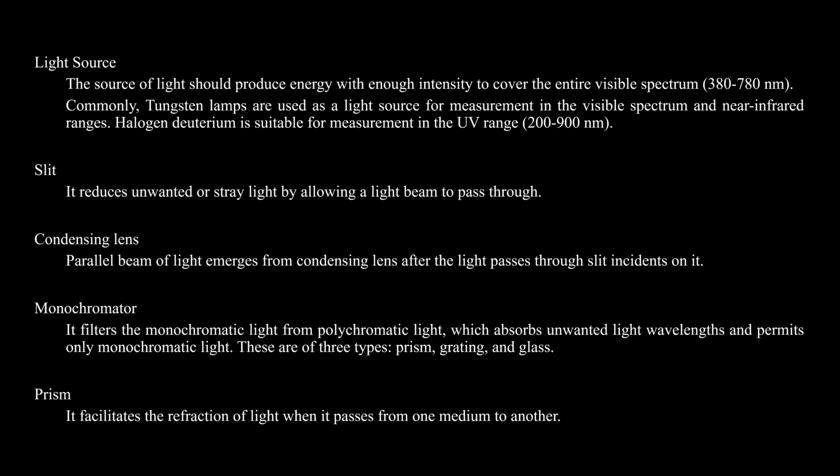The condensing lens produces a parallel beam of light that passes into the monochromator. The monochromator absorbs unwanted wavelengths and emits one monochromatic light from polychromatic light. Its types are prism, grating, and glass filter. A prism works by refraction of light as it passes from one medium to another.